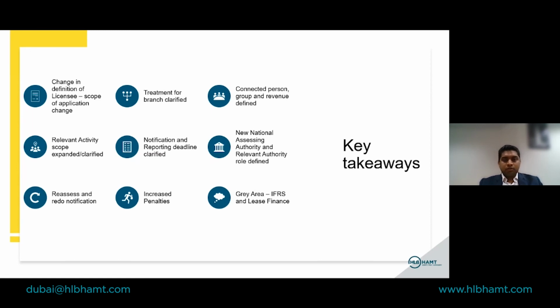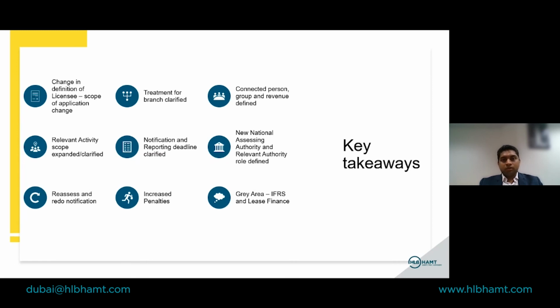Now, connected person, group, and revenue are clarified in detail, or to the extent possible. For connected person and group, the IFRS definition comes into the picture: if you are required to file a consolidated financial statement, then you are in the group. And revenue is defined. Revenue is the gross revenue that you derive from income, which has to be accounted as per the accounting standard that you are following or which is applicable.